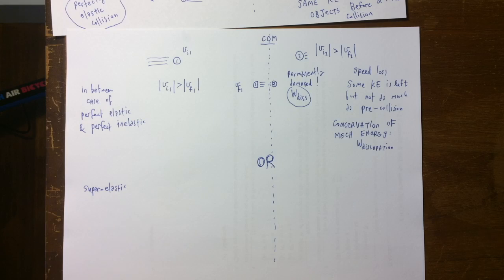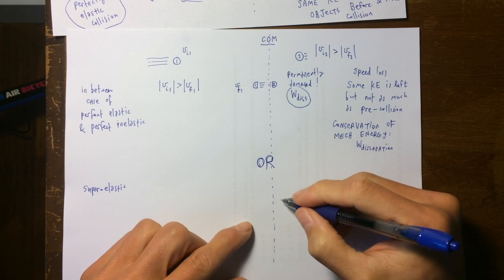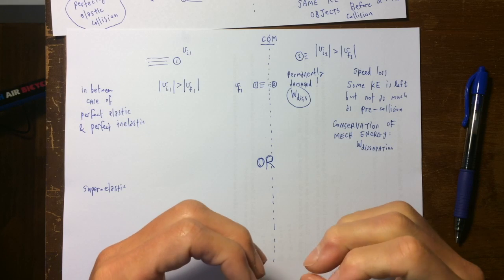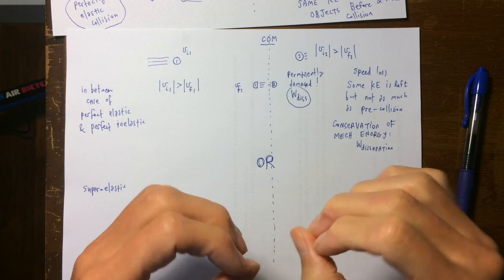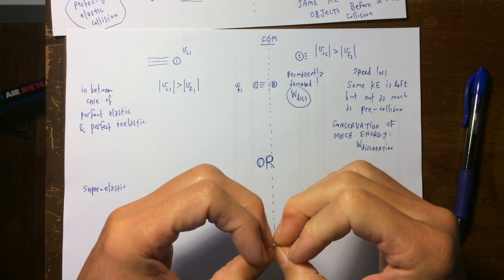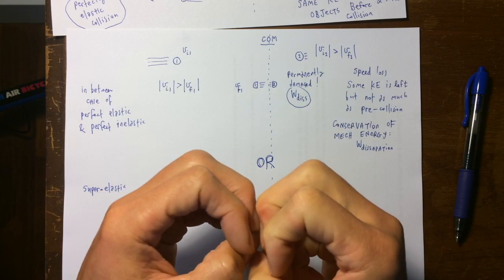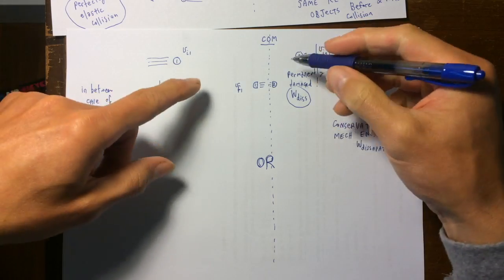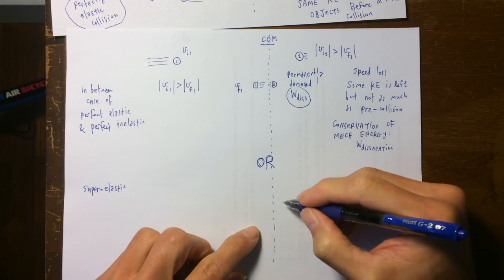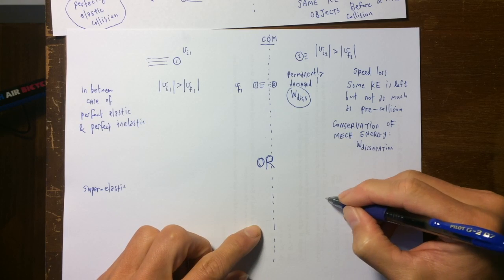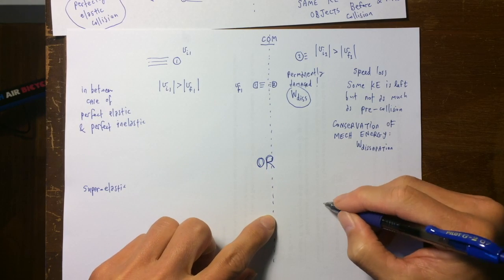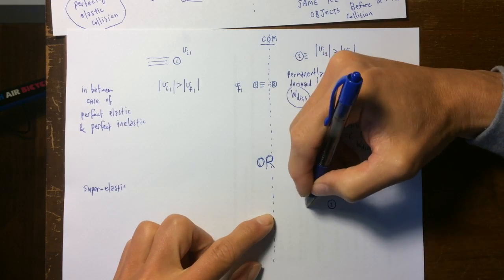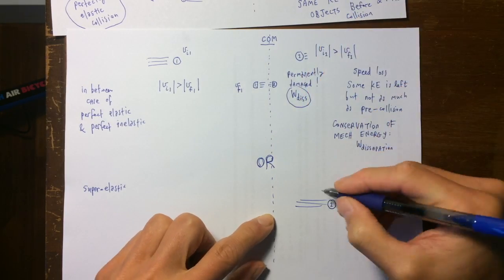In a super elastic collision, as in the previous video, I described that maybe when number one and number two collide, there's an explosion that goes off that makes them separate very, very fast. So after the collision, they both leave the center of mass position extremely fast. So here's number two, moving away very, very fast.